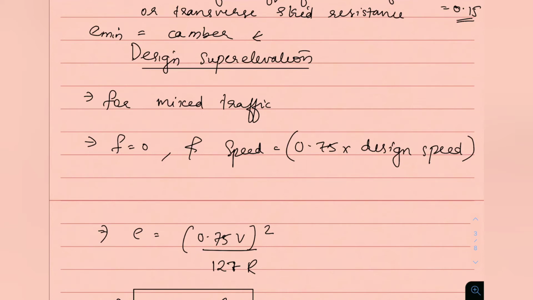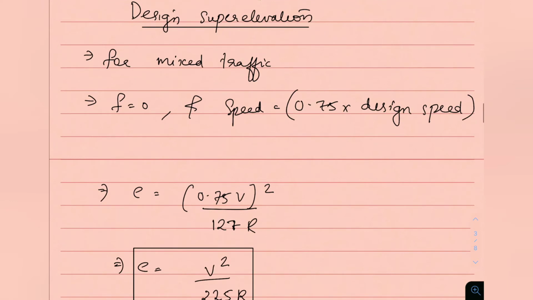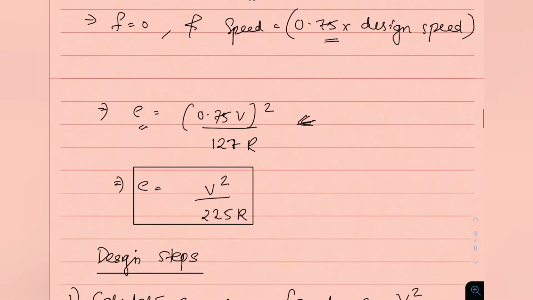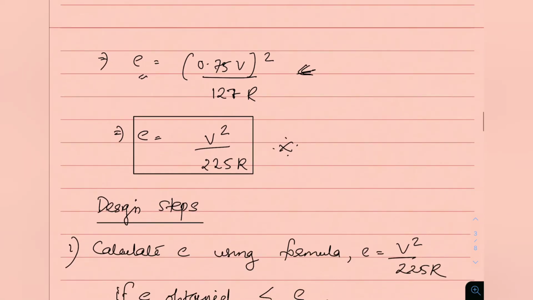So we have to reduce the velocity in order that e is reduced. So f is 0 here. So we will take speed equal to 0.75 into design speed. If we are reducing the velocity to 0.75, we will have e is equal to V square by 225 R. This is very important. This is the design super elevation.